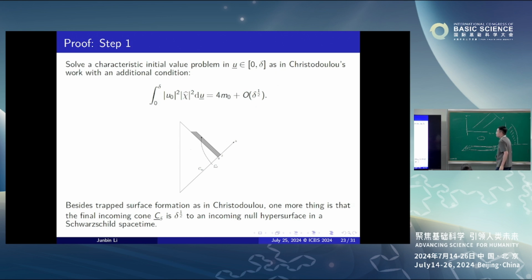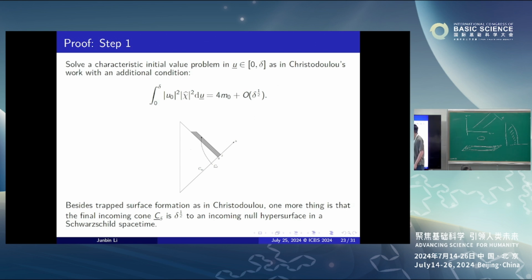Maybe let me just make some comments on the proof. The first step is to consider the Christodoulou picture, and you solve the characteristic initial value problem here. You solve as in Christodoulou, but we need an additional condition here.